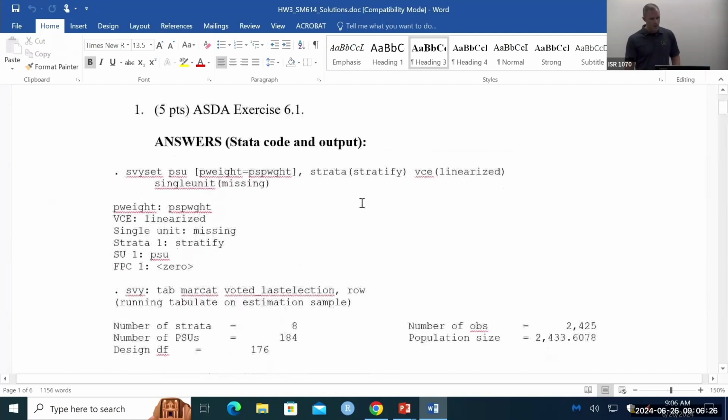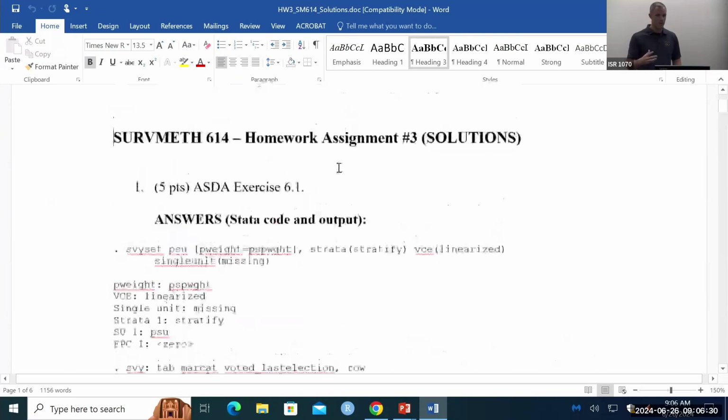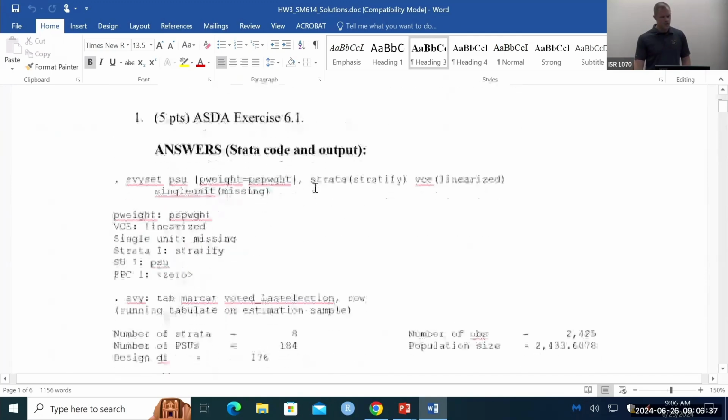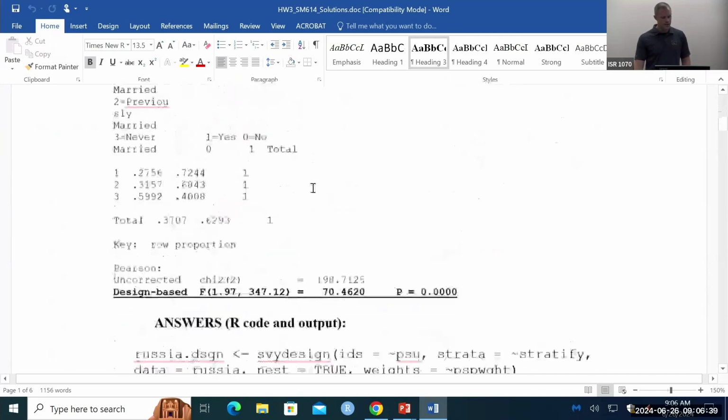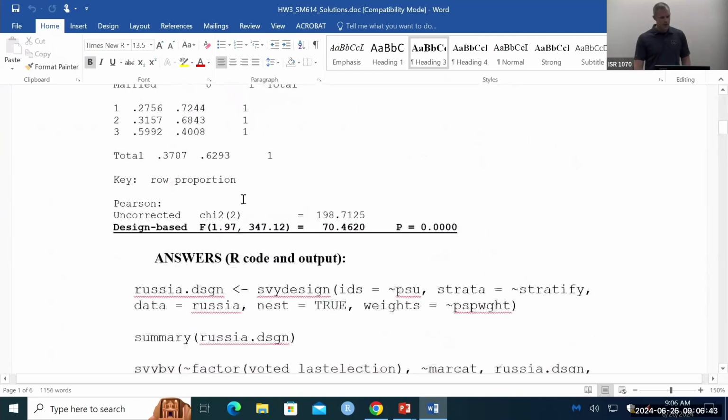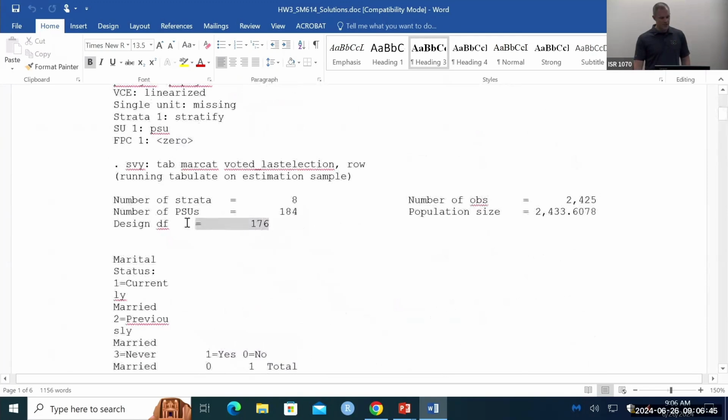So one key thing that came up, and I'm showing you here, the solutions are now posted up on Canvas. So you'll see the solutions for homework number 3. One issue that did come up is when you're reporting that Rao-Scott test. So I'm showing the output here for 6.1. Remember that these are the design degrees of freedom.